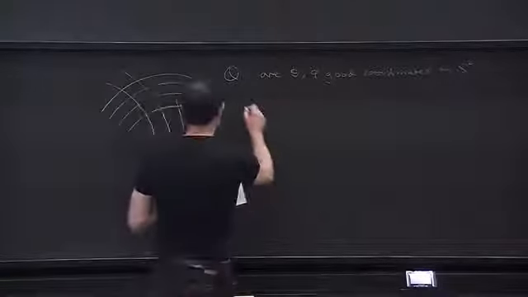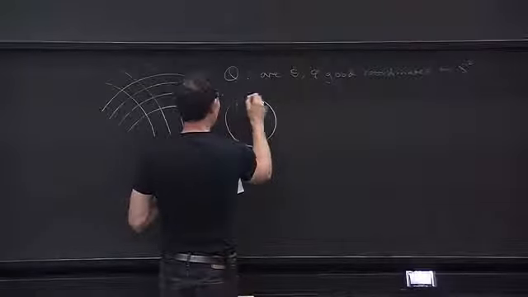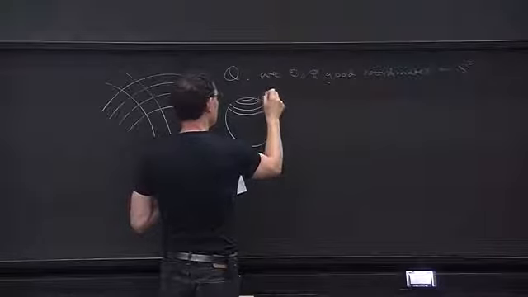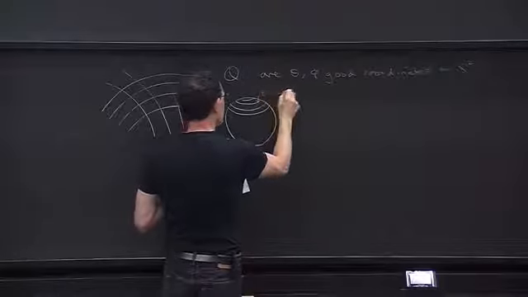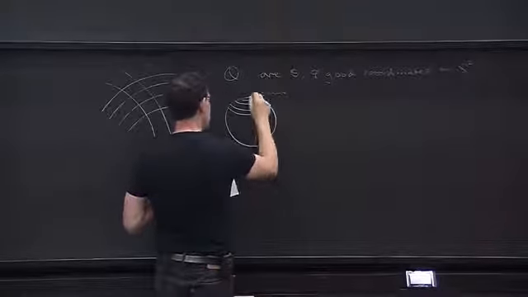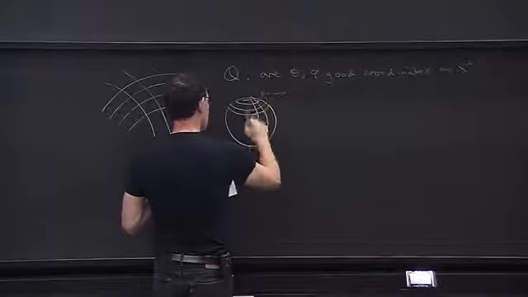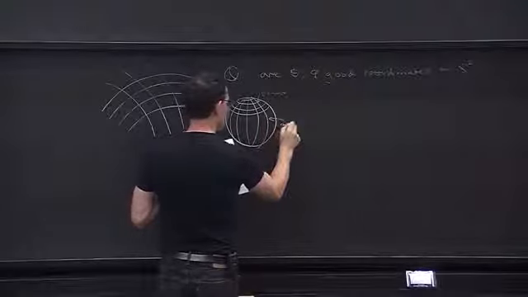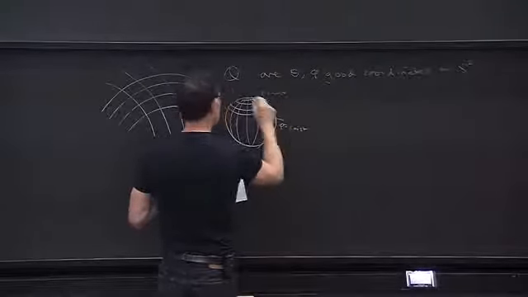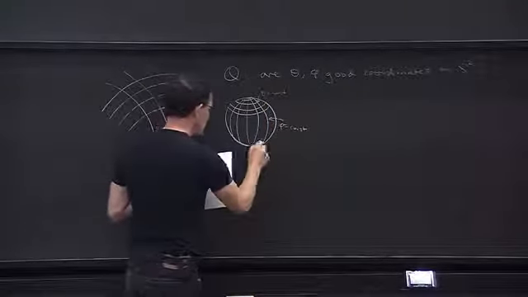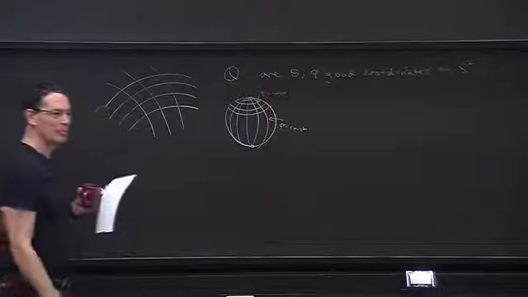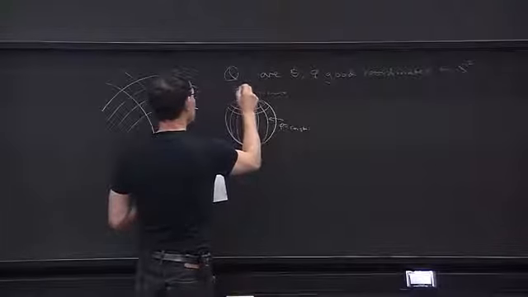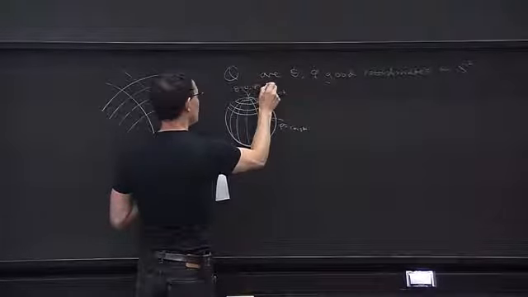No, they're lousy coordinates. Why? Because the lines of constant theta are circles, and lines of constant phi are the lines of longitude. But there's some problem with the North Pole and the South Pole. Big problem, namely, the North Pole is theta equals 0, phi equals anything.